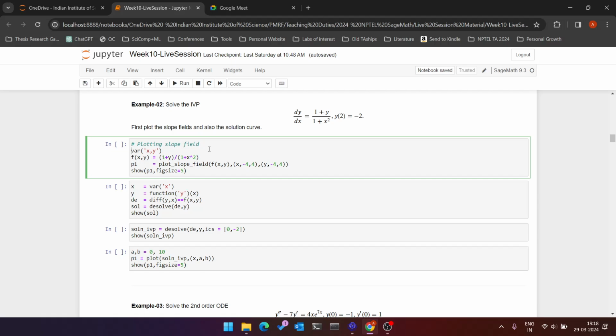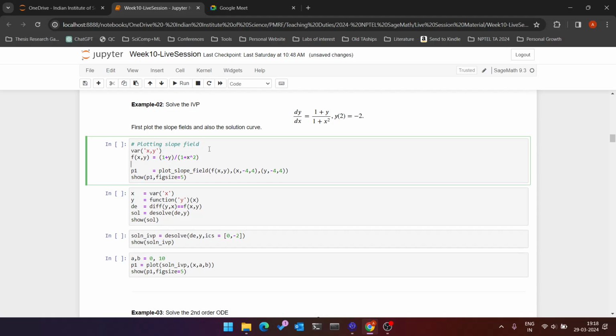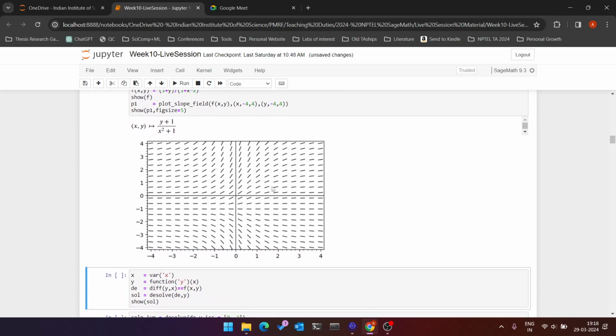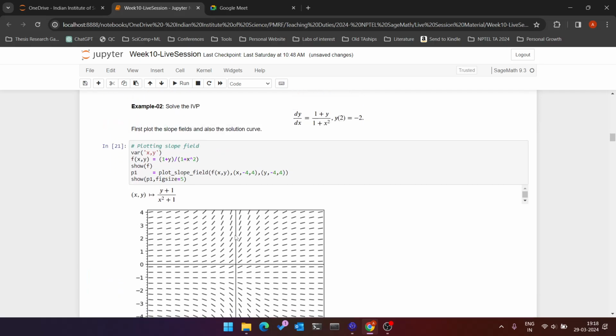We are first specifying variables x, y, then we are defining the function expression f of x, y. Next, we will be plotting P1, which includes the slope field given by the function f of x, y for x and y going from -4 to +4, both of them. If I run this cell, this is how the slope field looks like.